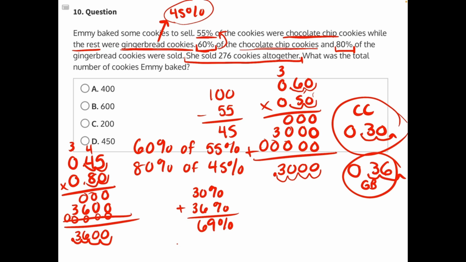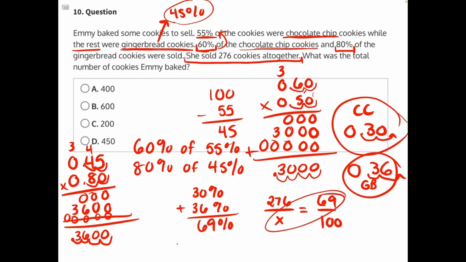So now we can set up a proportional ratio. If 276 cookies were sold out of an unknown total amount of cookies, and that is equal to 69 out of 100, what is this unknown amount of total cookies? To solve that, we can cross multiply.